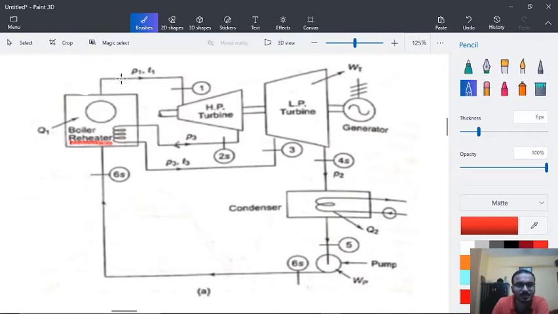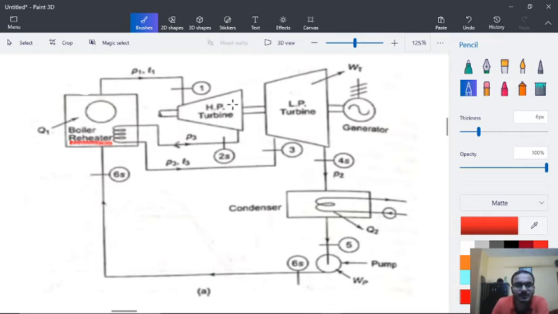So the steam after the boiler is going into the high pressure turbine, and once it expands in this high pressure turbine, the steam is taken into the reheater, where it is again heated, and this is done at pressure P3. It is then sent to the LP turbine, where it is further expanded, and then it goes into our condenser and the usual way into the pump, and then again into the boiler.